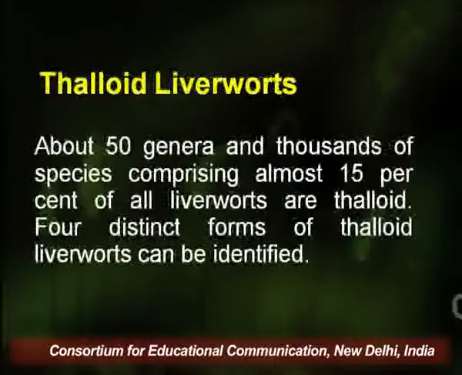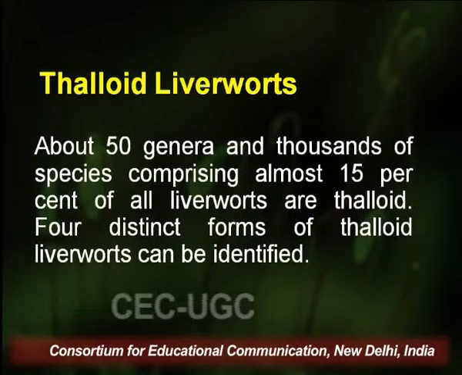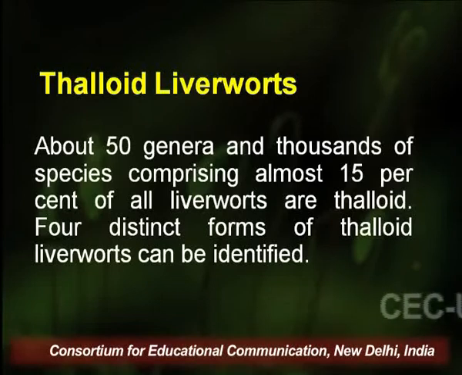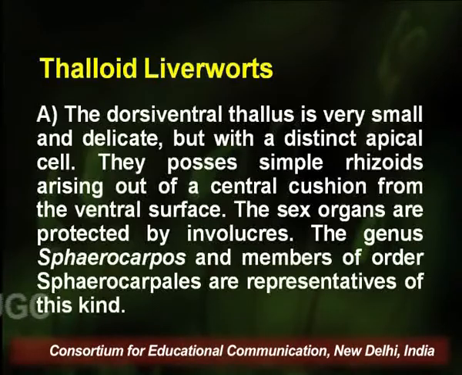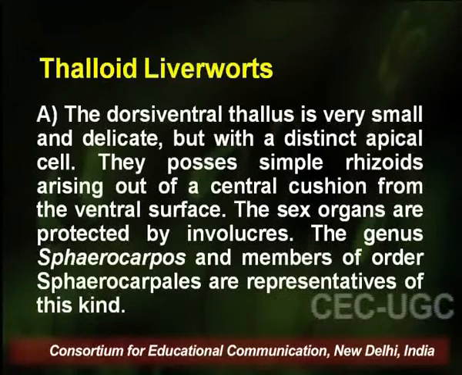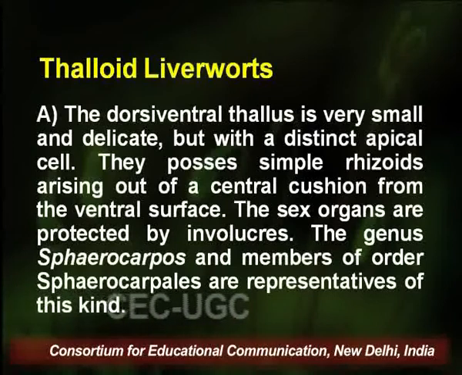So, thalloid liverworts are represented by approximately 50 genera and 1,000 species, which comprises almost 15% of all liverworts. There are four distinct forms of thalloid liverworts which can be identified. The first one has a dorsiventral thallus, which is very small and delicate, but with a distinct apical cell.